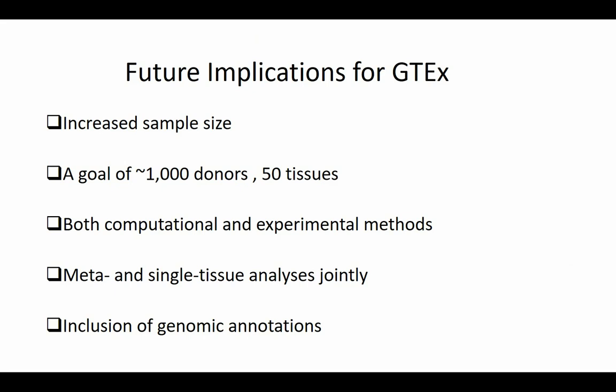And they are planning, they don't have it yet, analysis of a single tissue, or you can combine, because of your own idea that you believe this tissue and this tissue and this tissue should be analyzed combined. So they will give you the opportunity to do it. And inclusion of genomic annotation is not yet there. So let me go for the illustration.